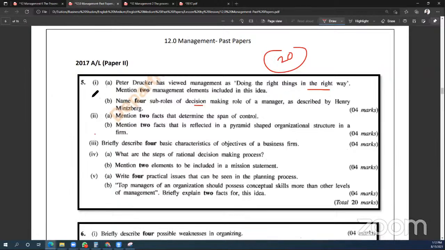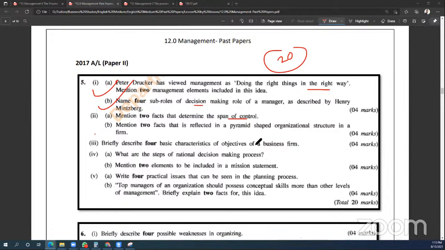Mention 2 facts that determine the span of control: nature of the task, organization policy, maybe the skills of the leader. Some people are very good at managing people, so make sure that you record that.